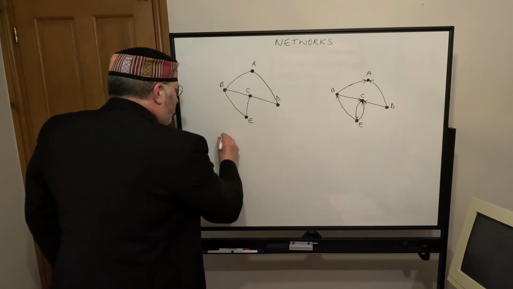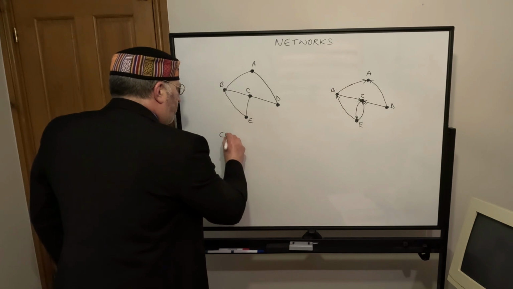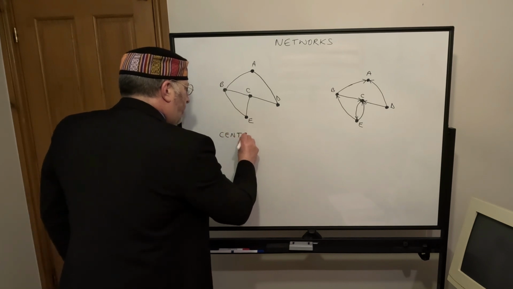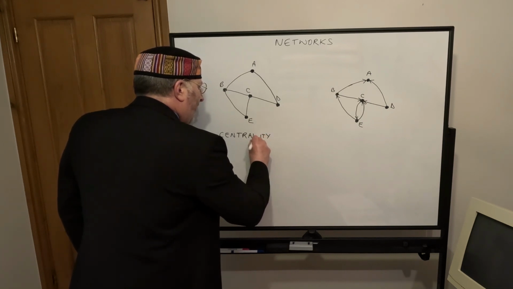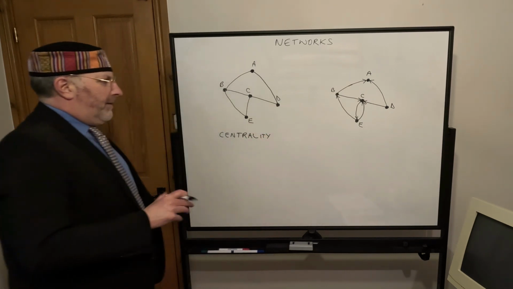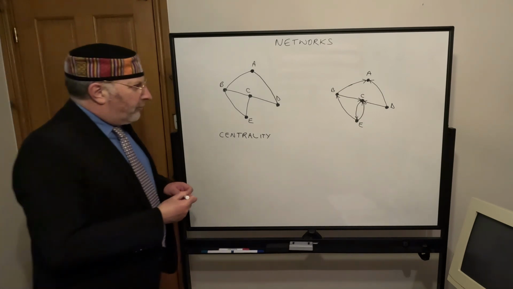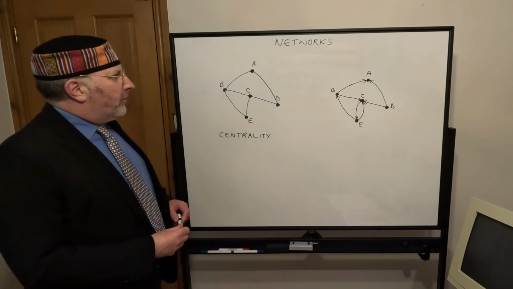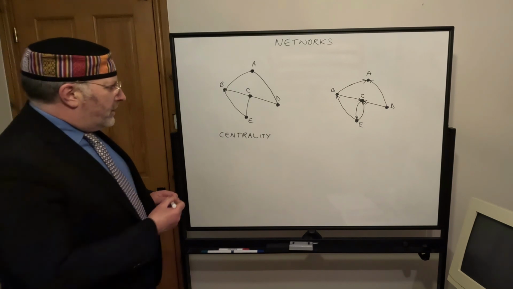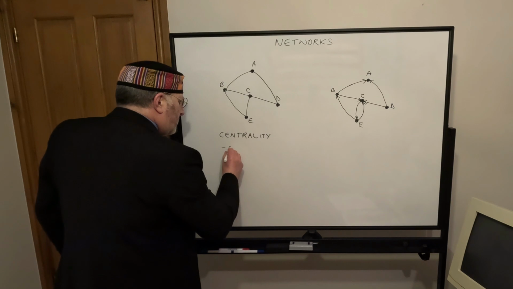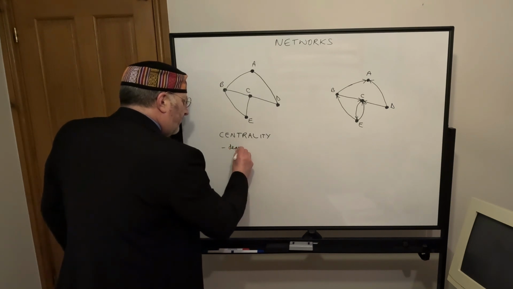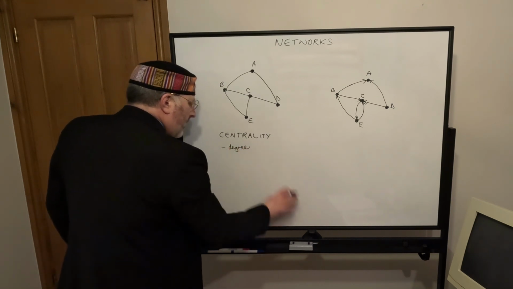In terms of the important nodes, people talk about the centrality of nodes. That's like the importance. How central are the nodes to the network? There are many different definitions, many ways of measuring this.